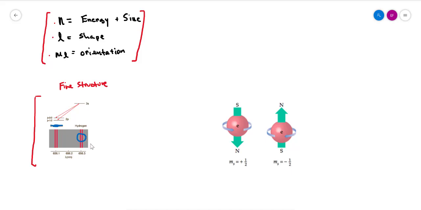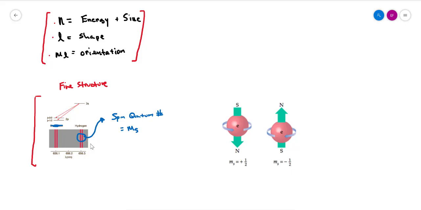And that gave rise to the prediction that there's actually a fourth quantum number, and they call this the spin quantum number. And the spin quantum number goes with the shorthand of m sub s. So we have m sub l and m sub s.